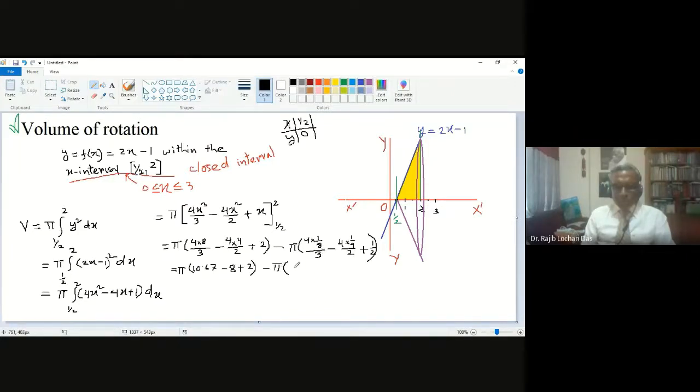So 1 by 6 means 0.16, and then minus 1 by 2, so 0.5, and then plus 1 by 2, so 0.5. So the 0.5 and 0.5 cancel, and it is 0. Okay, 24.